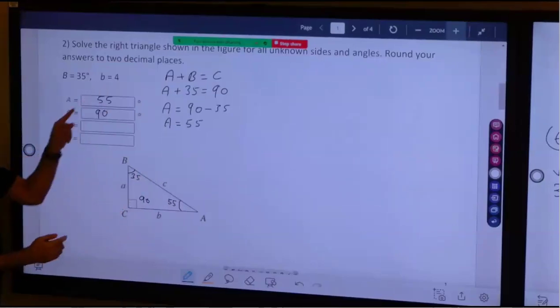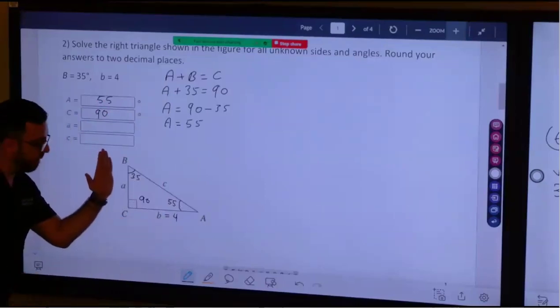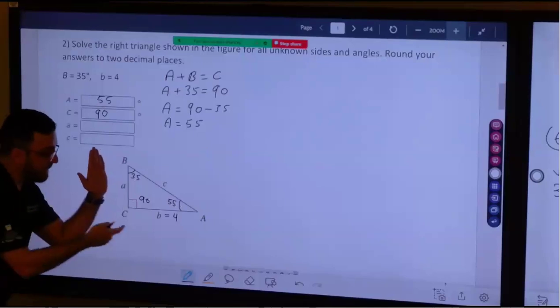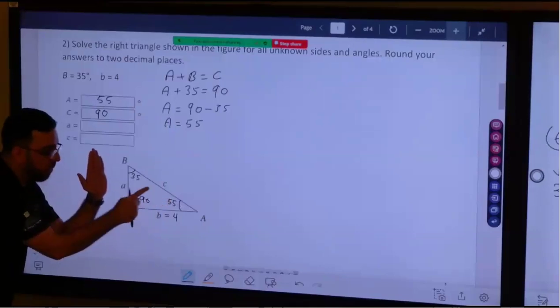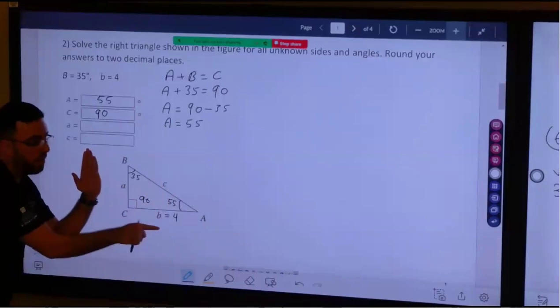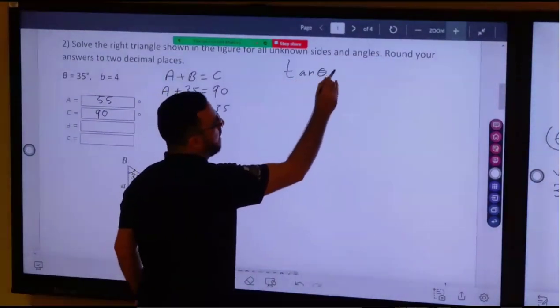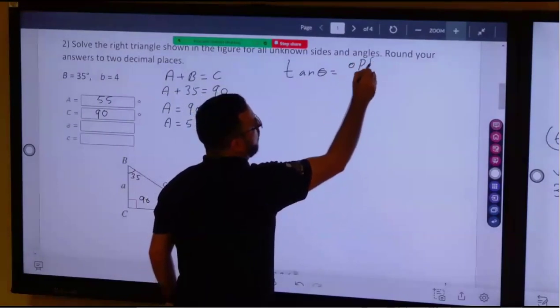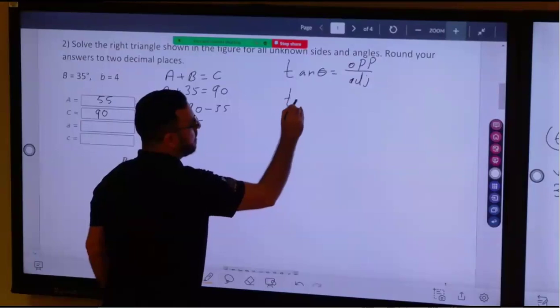Do you have B? We only have B. We have B equal 4, so let's go back again. That's adjacent to the angle. So can I use the sine? No. What do I have to use? Tangent. Why? Because opposite over adjacent, so I'm going to say tangent theta equals tangent.